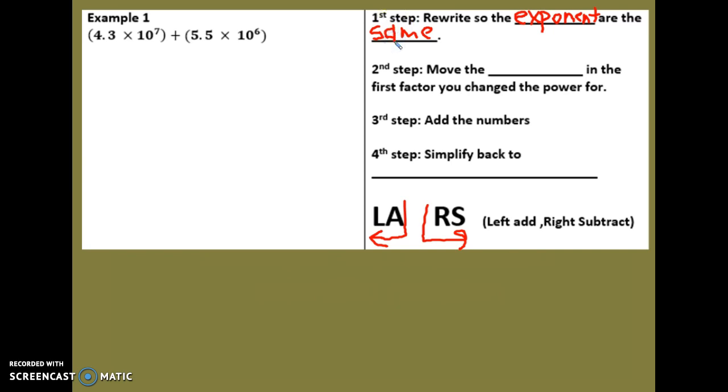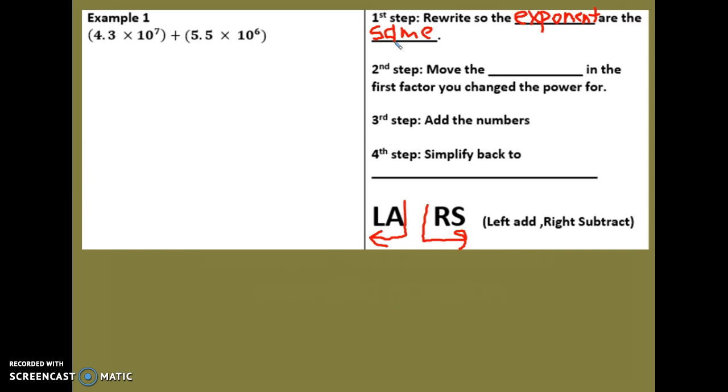So when I look at this, I have one exponent that is a 7, and I have one exponent that is a 6. One thing that will always make your life a little bit easier is to always pick the larger of the two exponents. Either one will work, but if you pick the larger of the two, it'll make it a little bit easier. I'll show you why later on in this video.